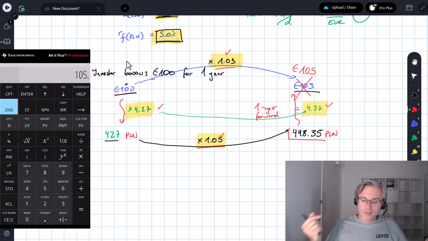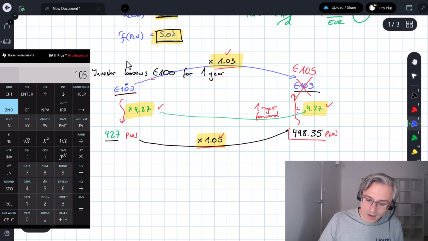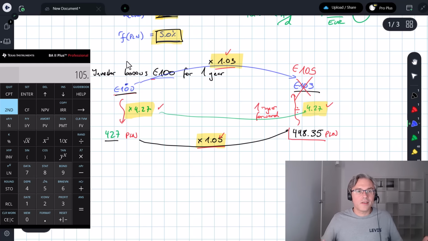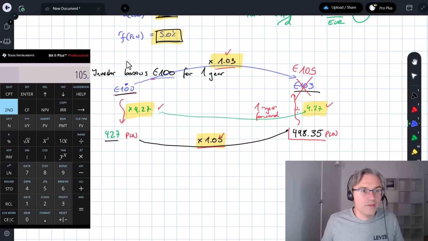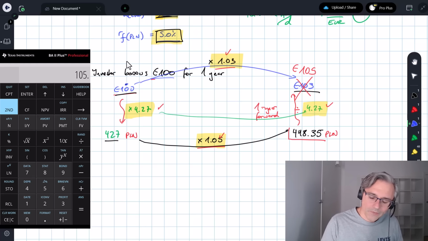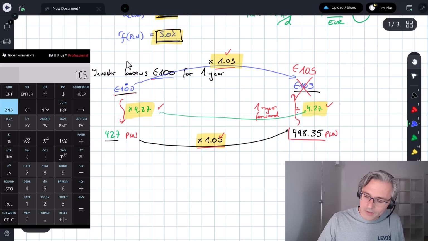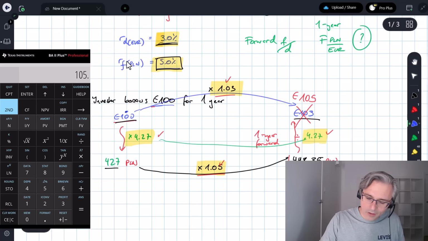So if you found such an opportunity, why do it on a scale of 100 euros? Add a few zeros, as many as you can, borrow as much as possible, and pile this into the strategy. Unfortunately, if you try to borrow a lot, the interest rate in the Eurozone would go up.